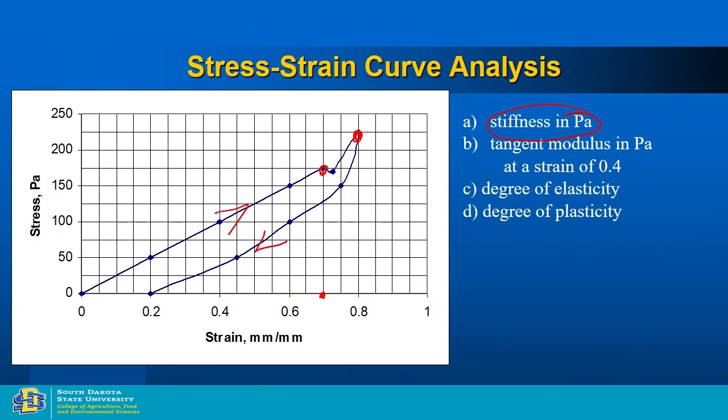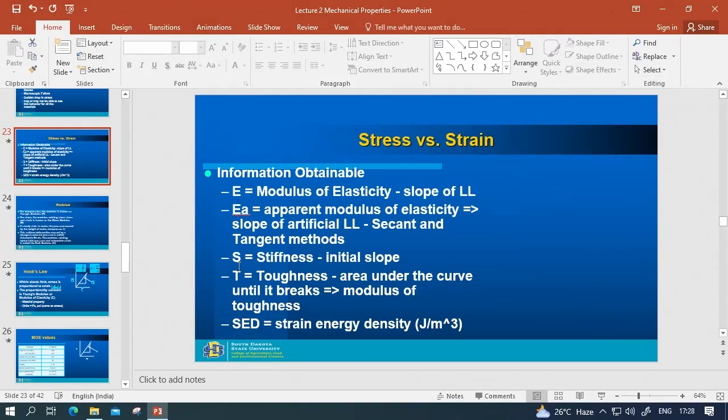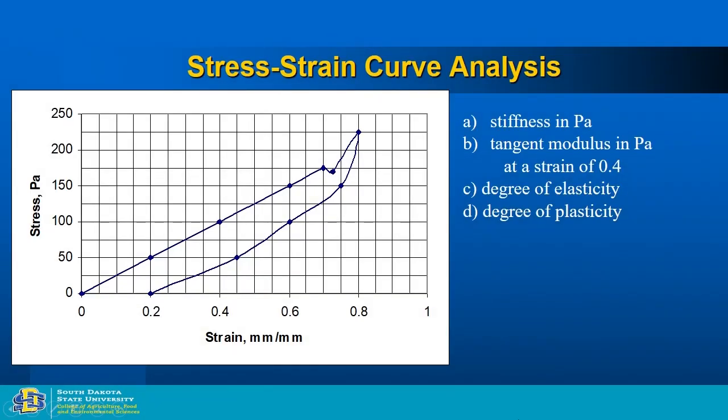Okay, let's go back. How do you calculate the stiffness? Stiffness is the initial slope during the loading curve. Let's get this straightened out. So you calculated stiffness as 225 divided by 0.8. 175? You changed it. 175 divided by 0.7, which gives you 250 Pascal.